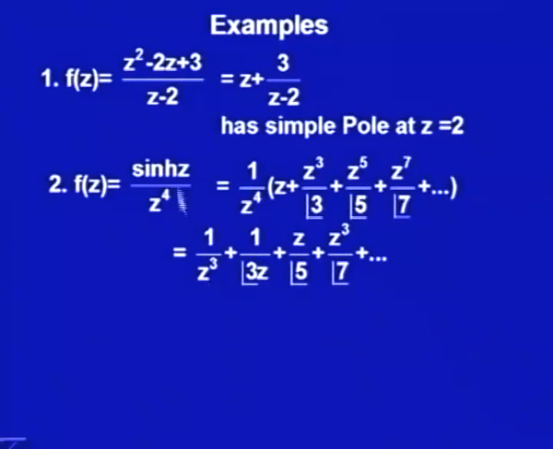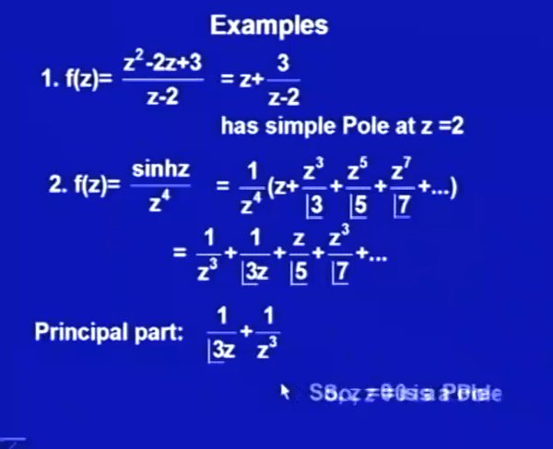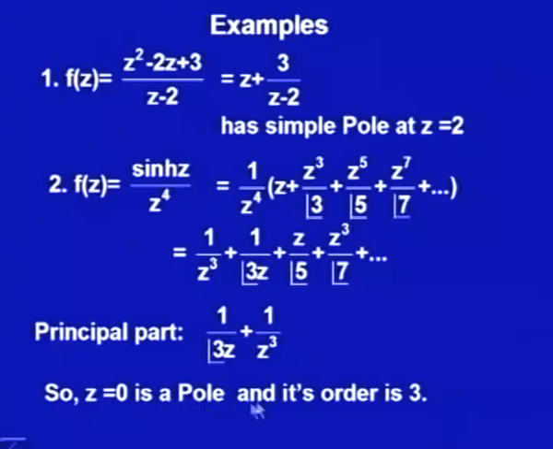Here z naught is 0, and we are having terms till 1 upon z cube, that is the term b3. So we are having actually 3 terms in our principal part, where b2 is actually 0. So we would have a pole at 0 for this function and the order of that pole would be 3. So the principal part is this one, z equal to 0 is a pole and its order is 3.